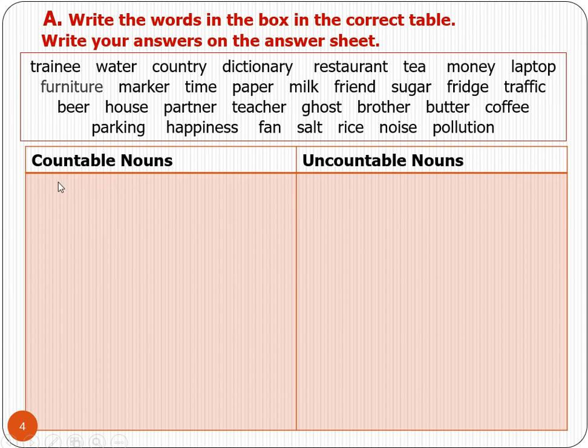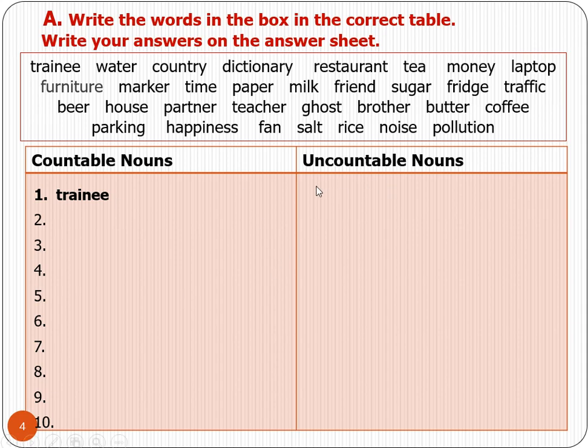A countable noun is a noun that we can count. For example, a trainee, or we say one trainee, two trainees, three trainees. So we can count 1, 2, 3 trainees.